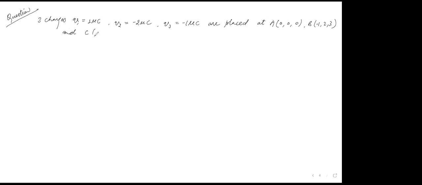Three charges Q1 is equal to 1 microcoulomb, Q2 is equal to minus 2 microcoulomb, and Q3 is minus 1 microcoulomb, are placed at A, which is 0, 0, 0, at B, which is minus 1, 2, 3, and at C, which is 2, minus 1, 1.